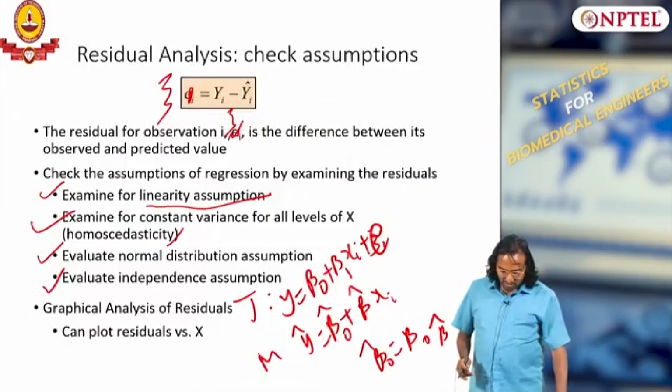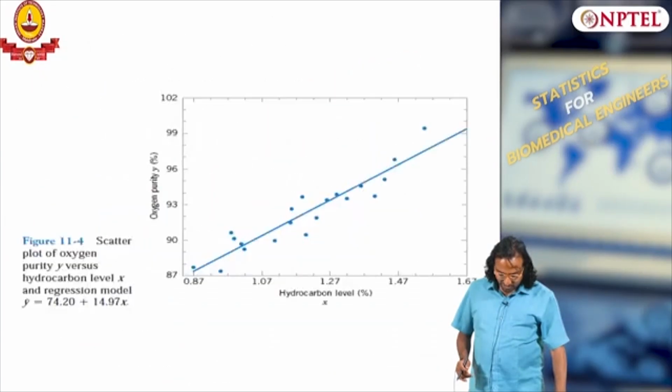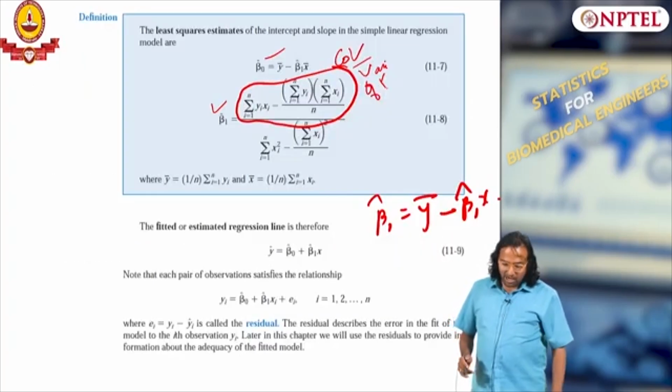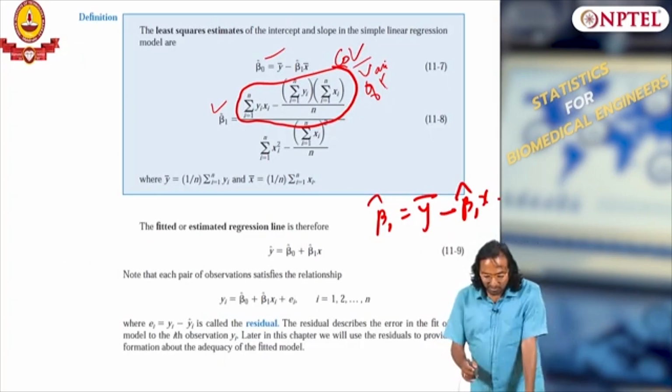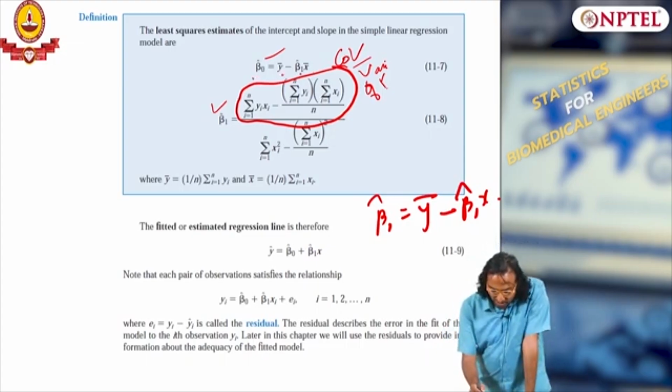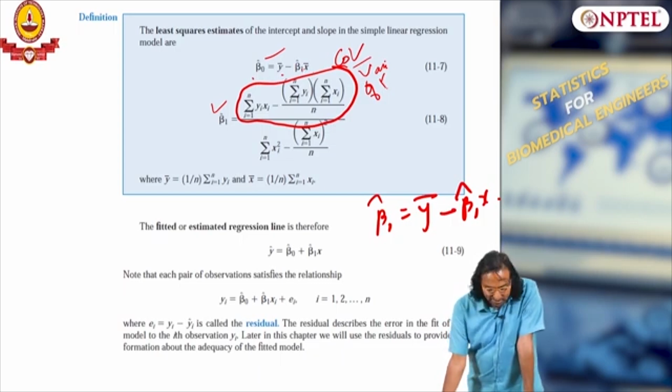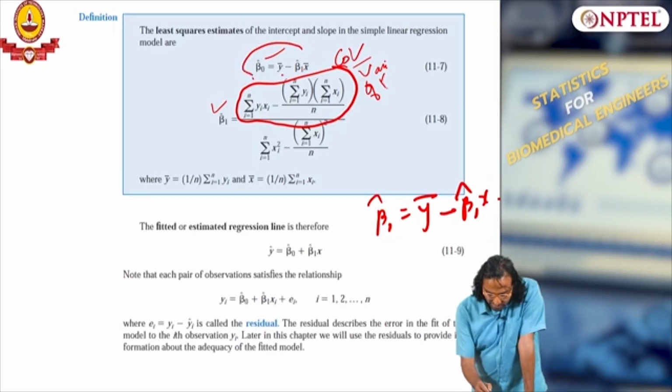If you go back and look at our derivations, what is your beta naught? Beta naught is y bar minus beta 1 hat times x bar, right. This is my beta naught, right.